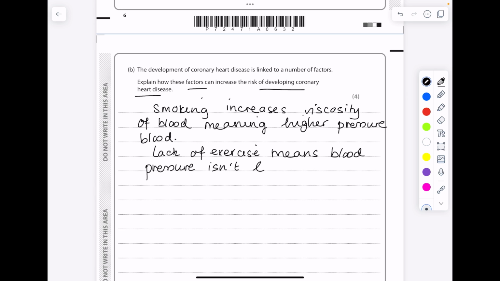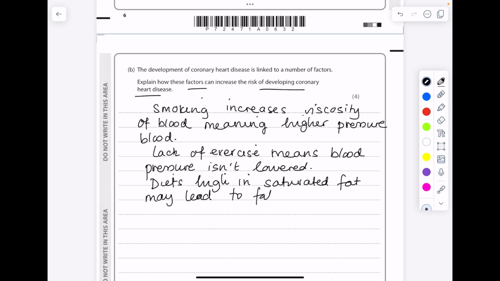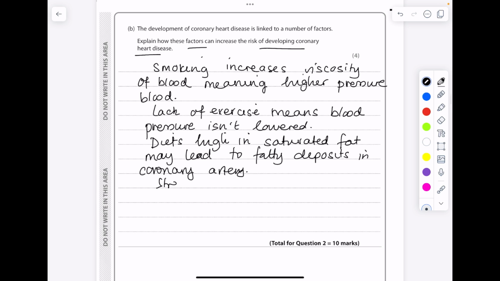Diets high in saturated fat may lead to fatty deposits in the coronary artery. Stress also increases blood pressure. So we've said 4 really good points here.